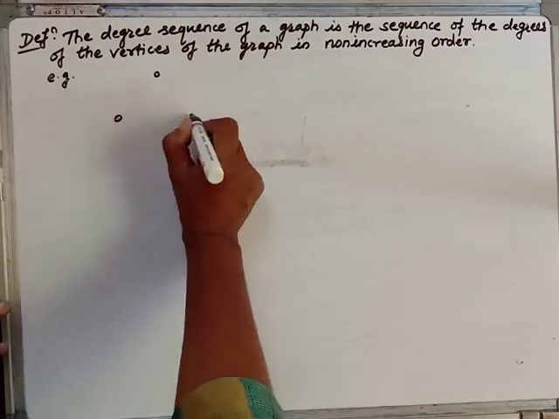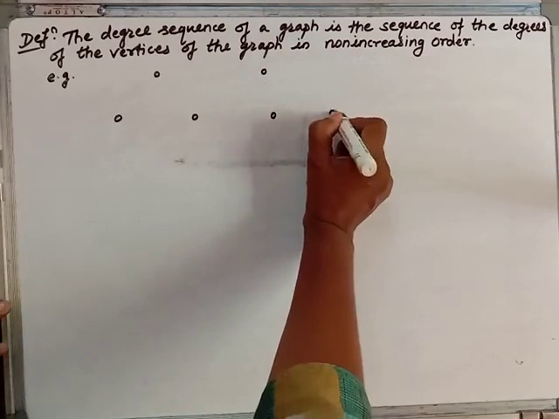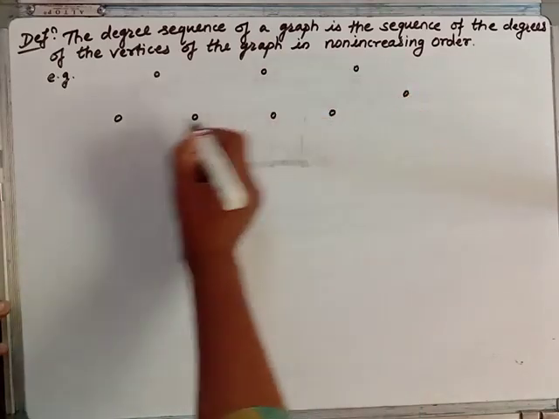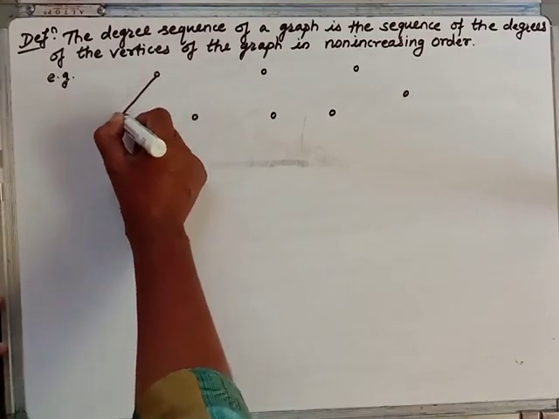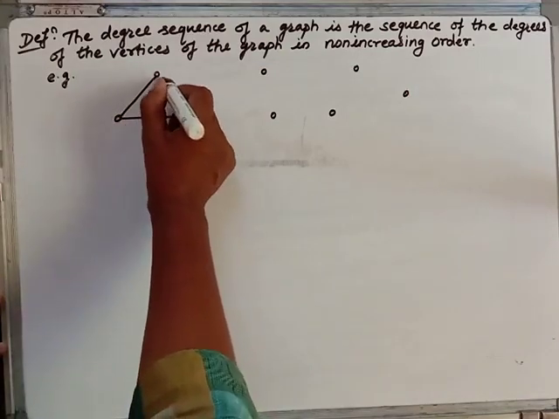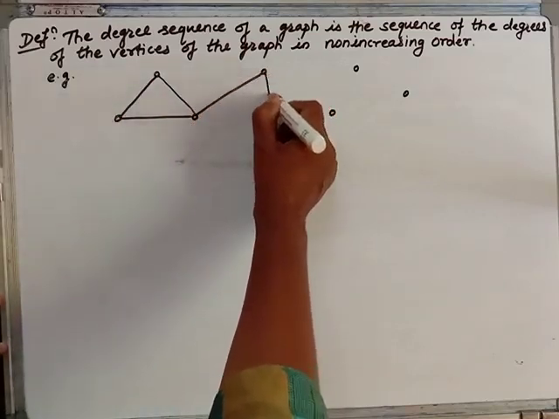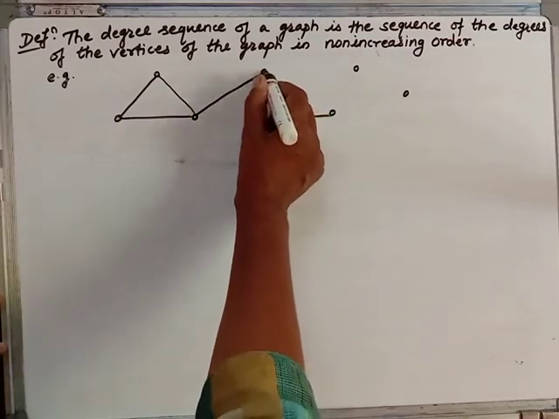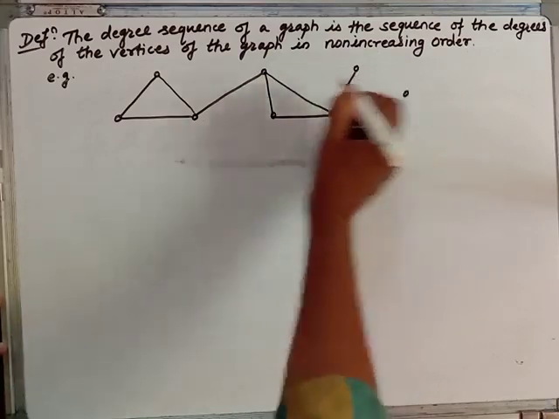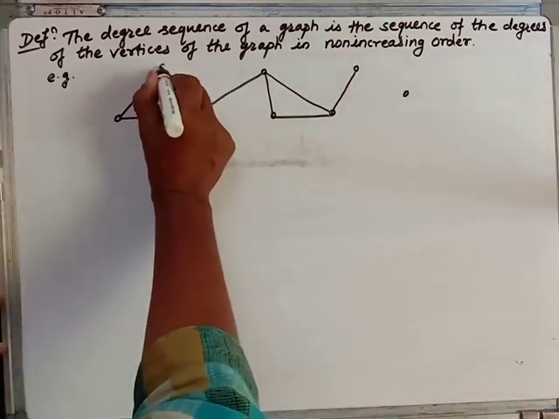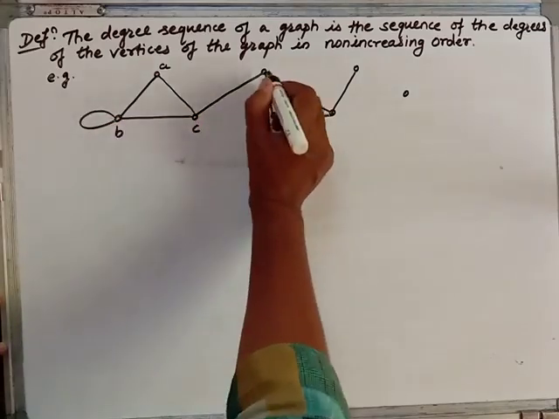For example, suppose there is a graph as such with the edges. Suppose this is A, B, C. Now let me take a loop here.